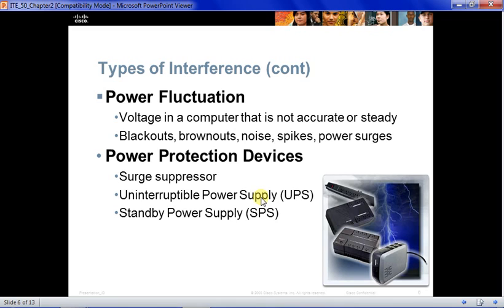Surge protectors can protect the computer from brownouts and noises and spikes. With the UPS, if there's a power loss, the UPS can supply power while the computer is off. A standby power supply usually uses a switch and will switch the computer from the AC power supplied by the electric company to power from the SPS.